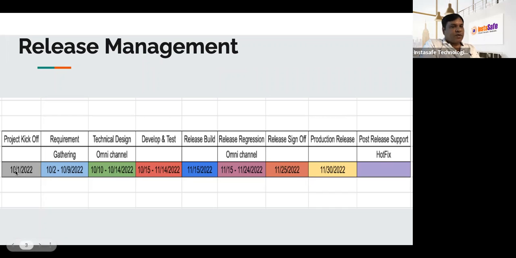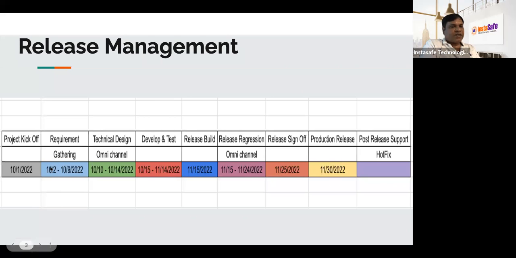Say 1st of October is when we have a project kickoff. Once we have the project kickoff, the next phase is that we need to have all the requirements gathered. Depending upon how complex or easy the requirement is, it might take a week to do, or it might take 2 weeks to do.